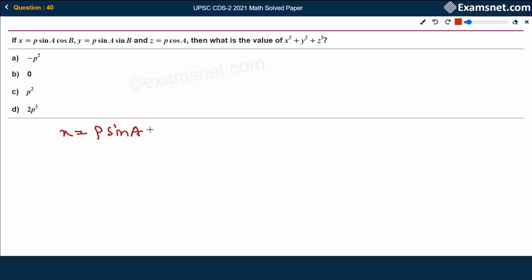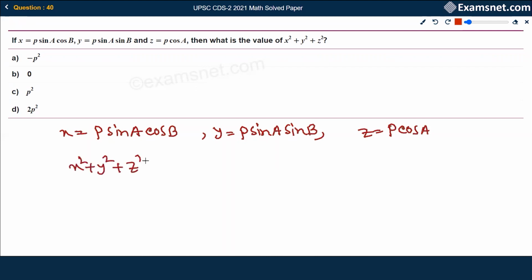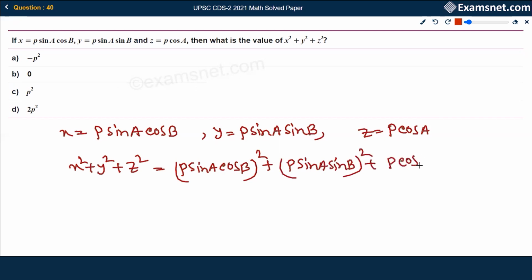So here x square plus y square plus z square will give us p sin a cos b whole square plus p sin a sin b whole square plus p cos a whole square.